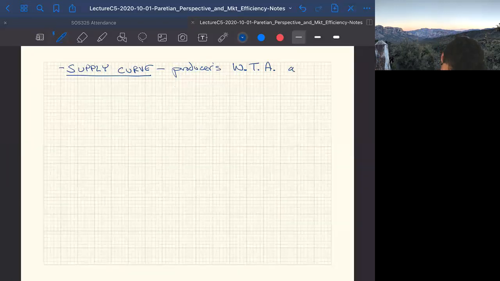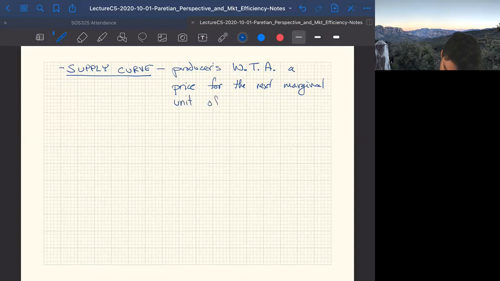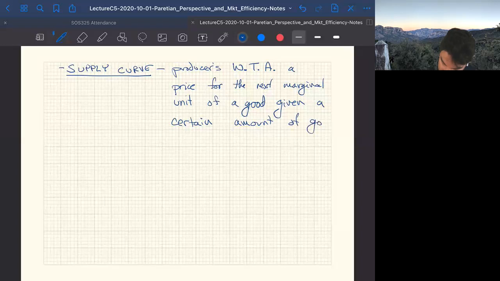Willingness to accept a price for the next marginal unit of a good, given a certain amount of goods already exchanged, or let's say already being produced.